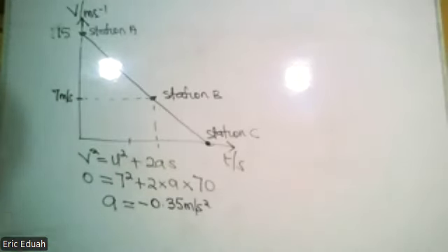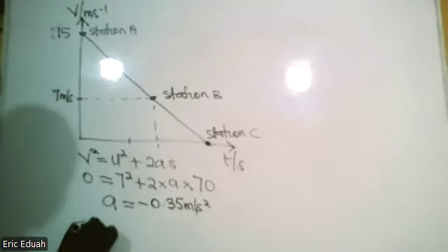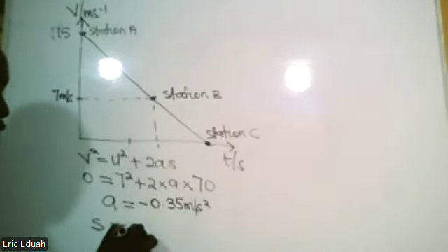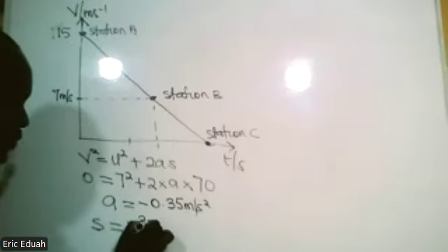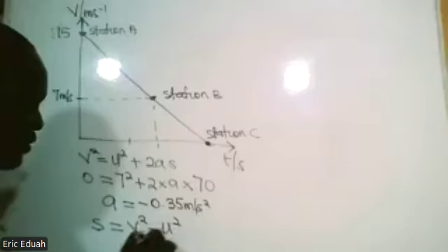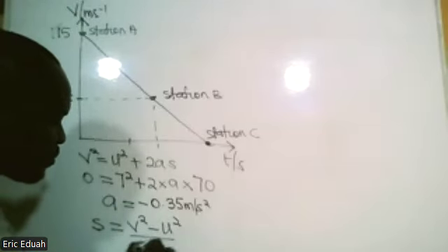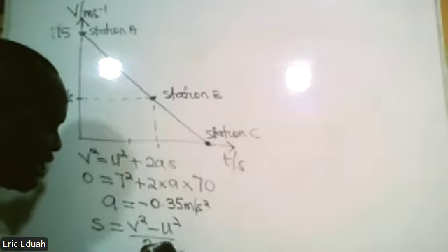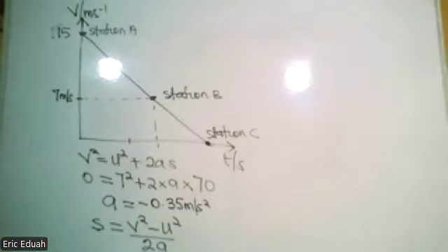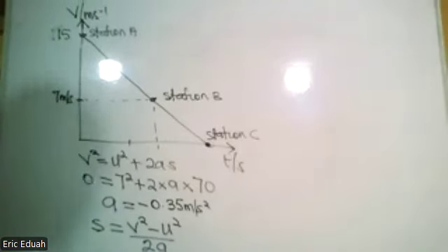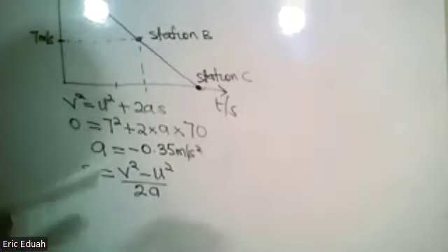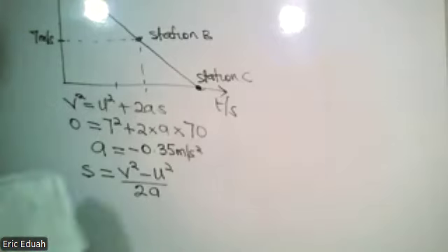So S would be equal to V squared minus U squared over 2A. The distance between station A and station B. So put them in, let's see what you'll be able to get. And then I show you the plan B.